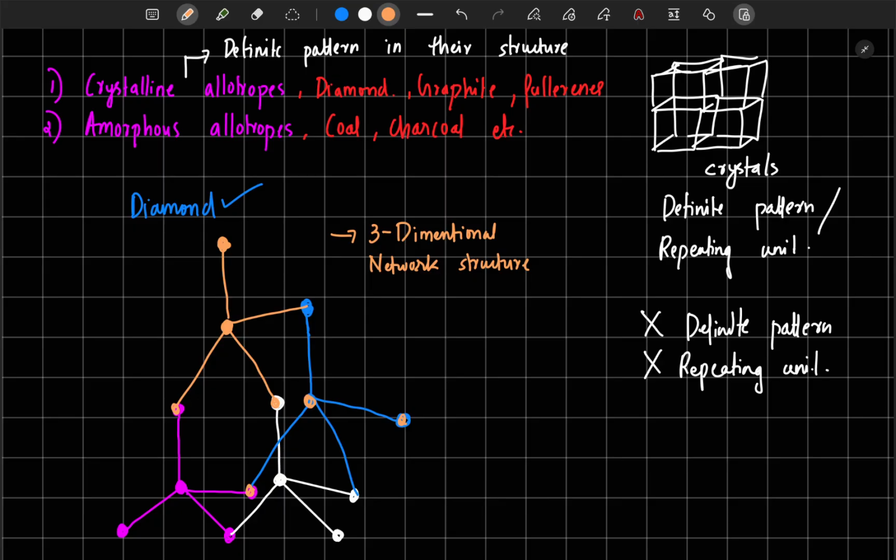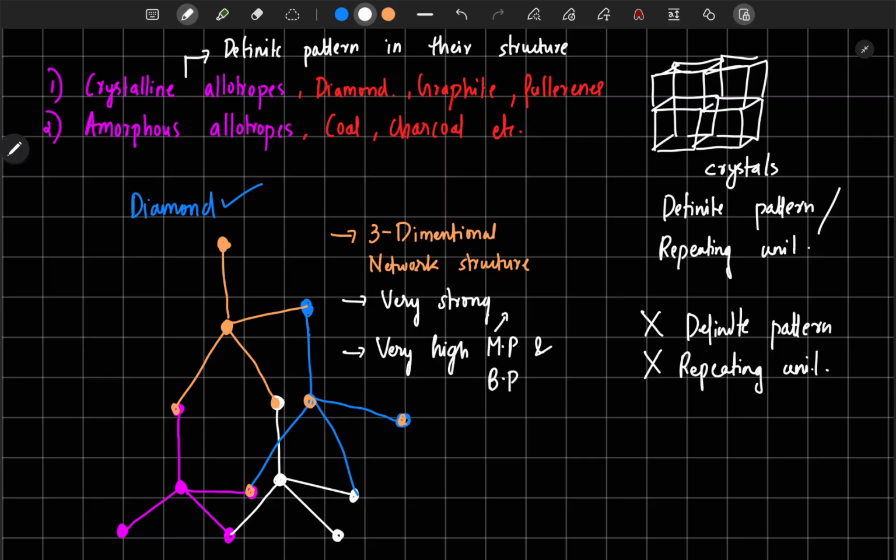That is why it is called three-dimensional. And network means these are all interconnected. That is why this is a three-dimensional network structure, and this structure is very strong. That is why diamond has a very high melting point and boiling point.